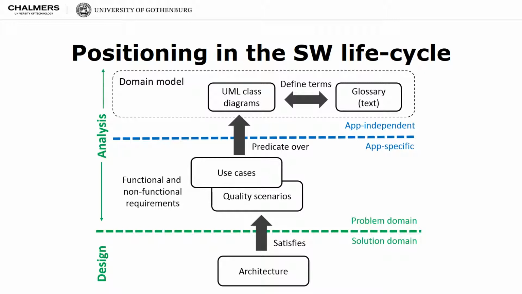Meaning that the domain model is a representation of the important concepts in the business environment, and this representation tries to be independent vis-a-vis the specific application that you are building, while the details and the specifics of the application are represented in the functional and non-functional requirements, which are respectively captured by use cases and quality scenarios.